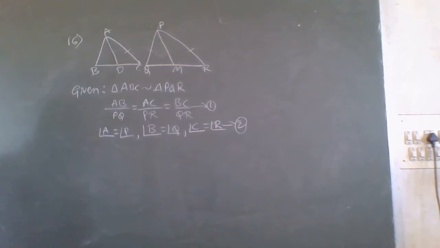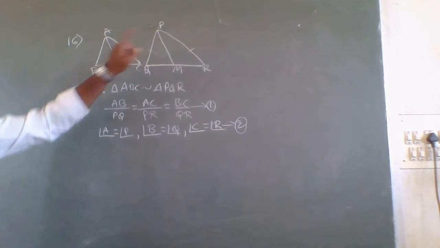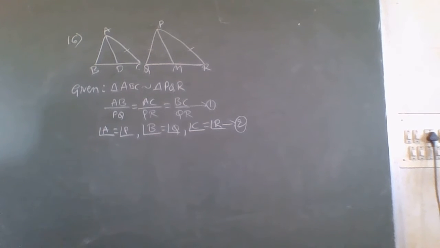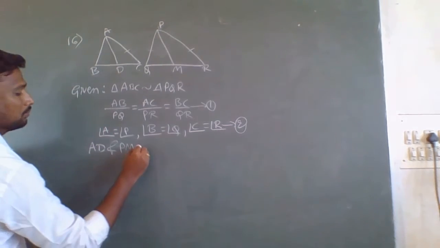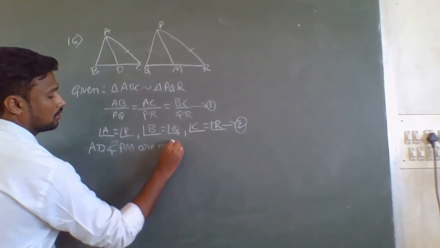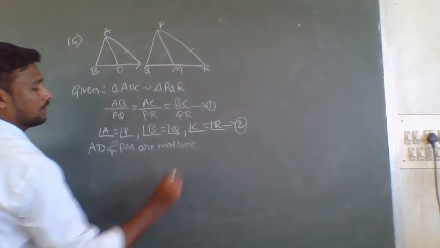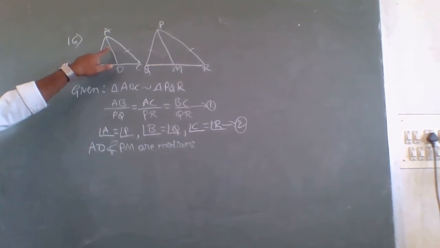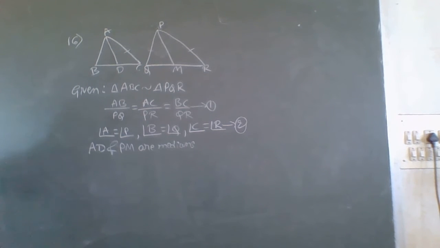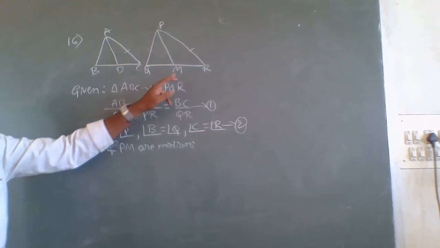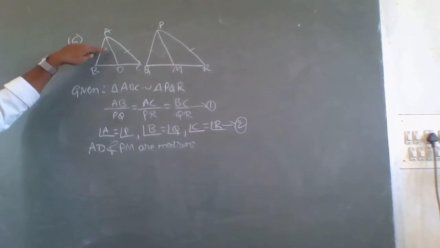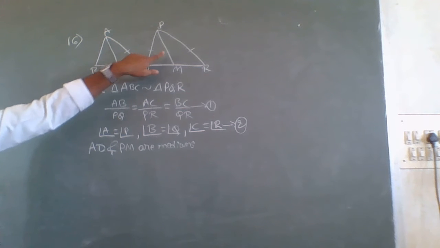So this is given. Now, what else is given? AD and PM are medians. And we know that a median always bisects the opposite side, so BD is half of BC, and QM is half of QR.